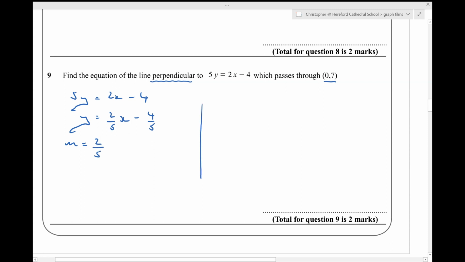Now the line that I need to find the equation of is perpendicular to that, so it will have a gradient of the negative reciprocal of 2/5, minus 5 over 2, and it passes through 0, 7, so it has a y-intercept of 7. So the line which I'm looking for here is y equals minus 5 over 2 x plus 7. And that is number 9 complete.